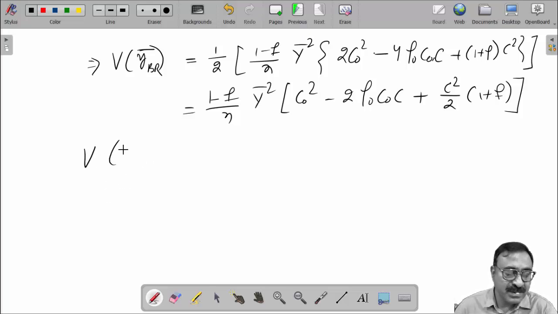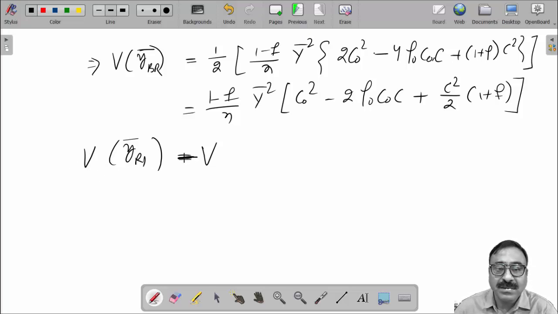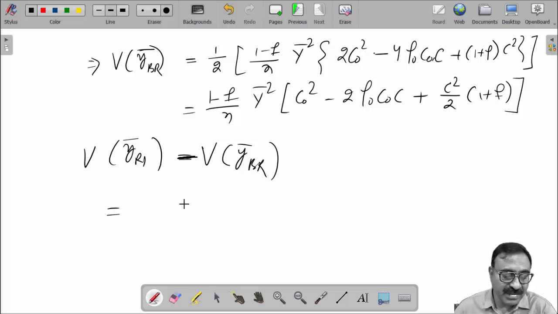Now for comparison we consider the variance of YR1 bar minus the variance of Y BR bar.